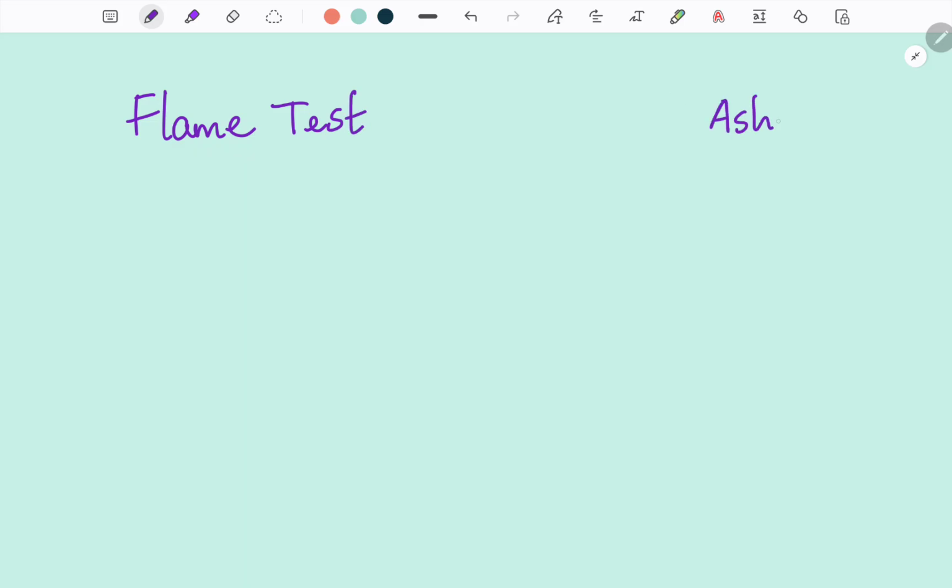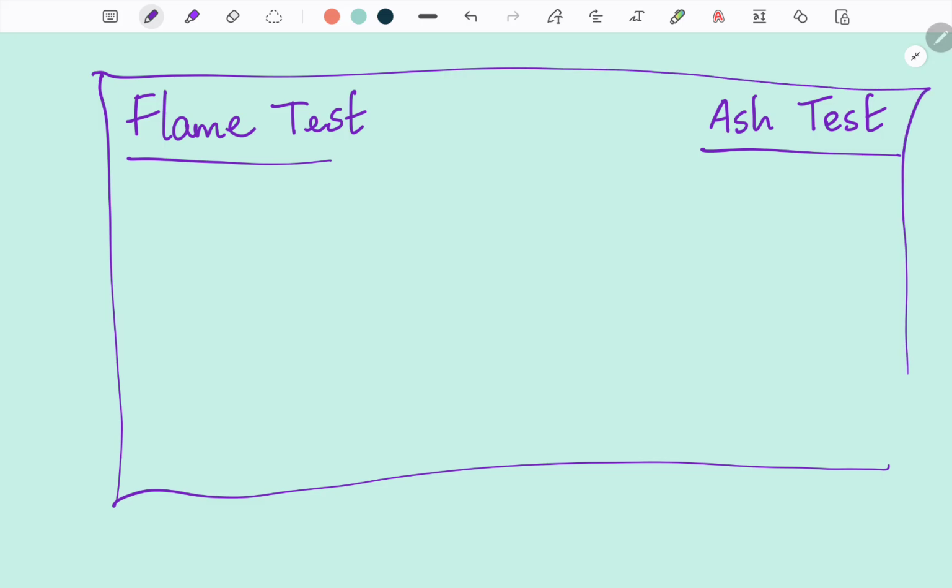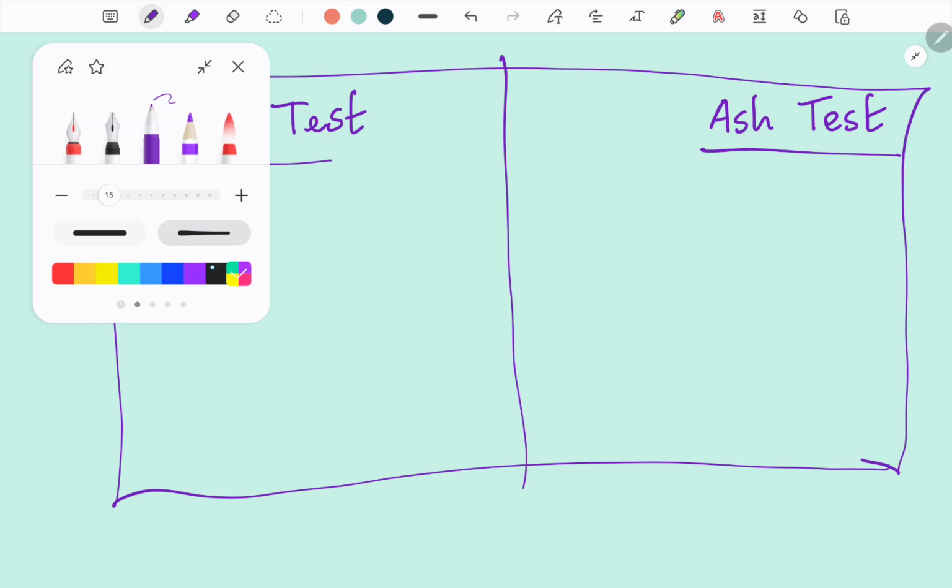So I'm first going to explain this in the beginning itself so that when we reach the cations which involve these tests, it will be easier for us to understand. So what do we mean by flame test and ash test?